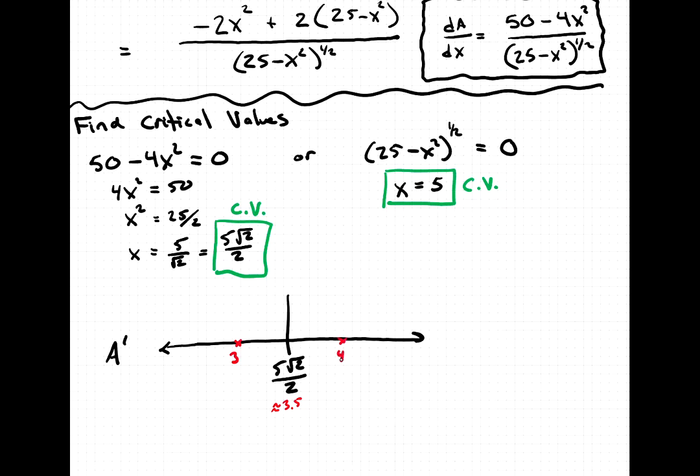Well, if we plug in a 3 to our derivative, 3 times 3 is 9, 9 times 4 is 36, and 50 minus 36 is positive.